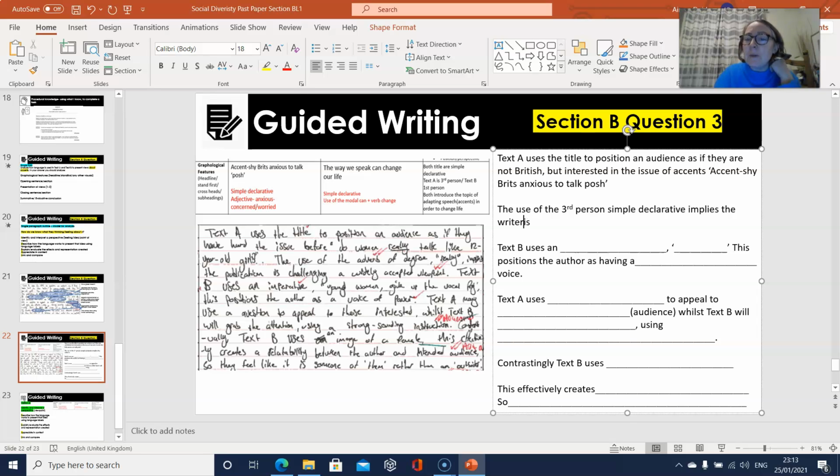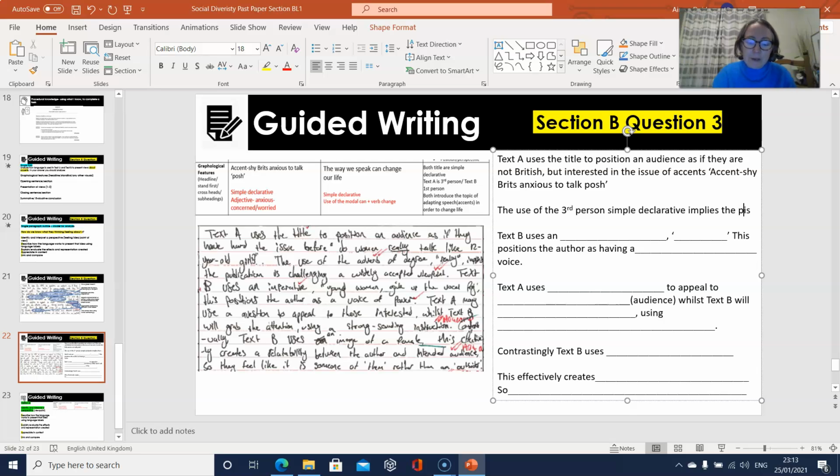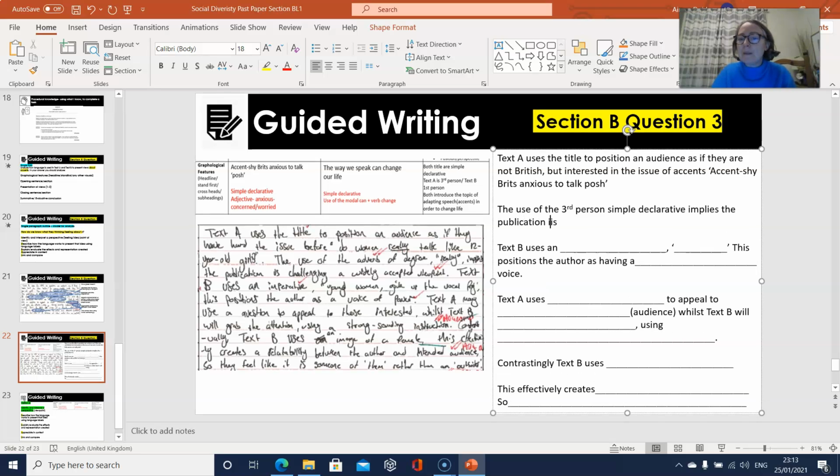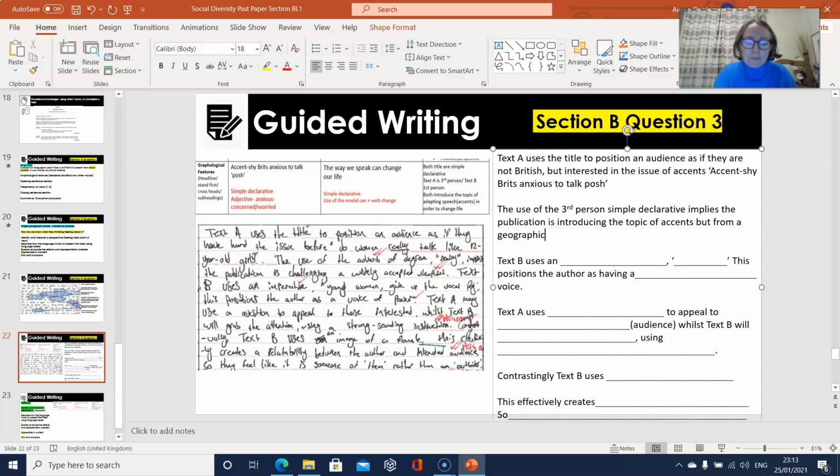So implies the publication is written, so the use of third person simple declarative implies the publication is introducing the topic of accents, but from a geographical distance.